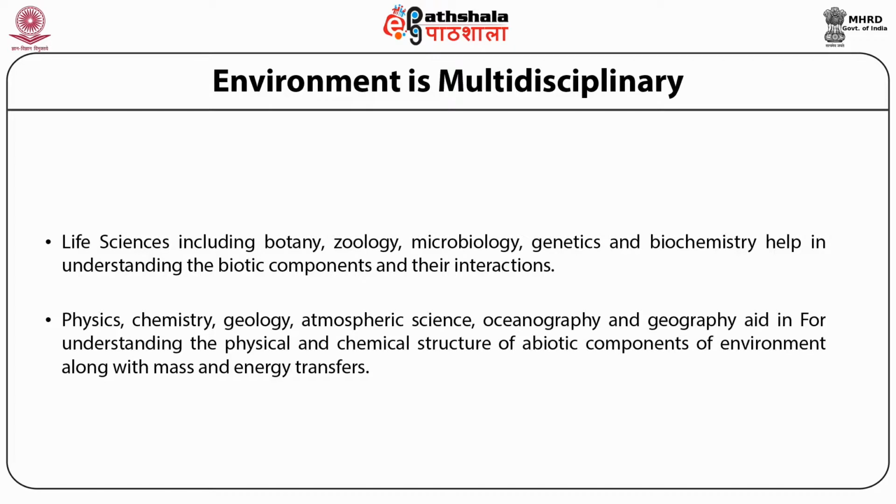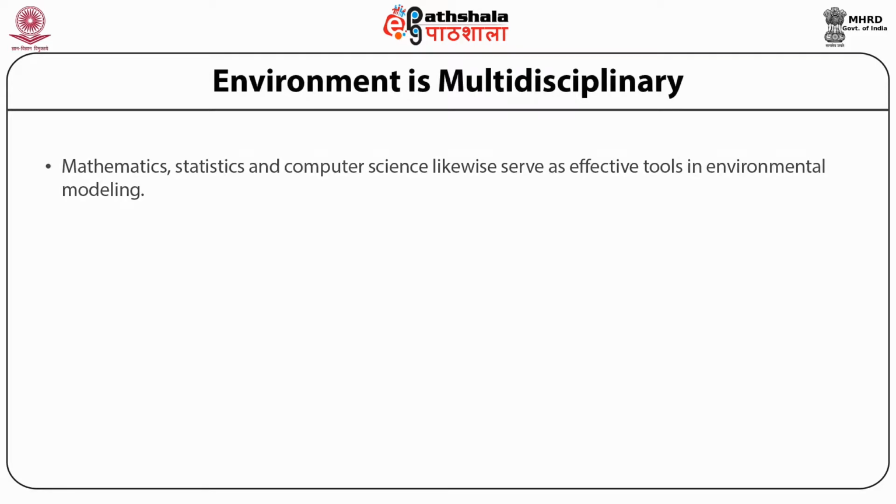For understanding the physical and chemical structure of abiotic components of environment, along with the mass and energy transfers, we have to make use of the basic concepts of physics, chemistry, geology, atmospheric science, oceanography, and geography. Look, mathematics, statistics, and computer science also add to our environment protection. How? They serve as effective tools in environmental modeling.